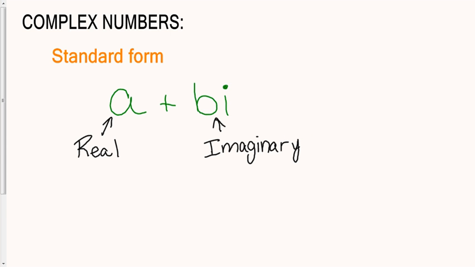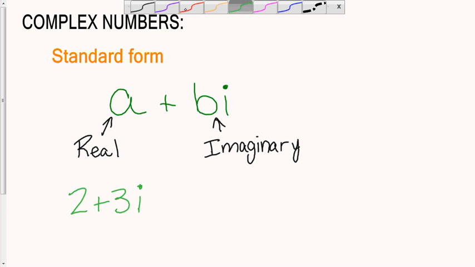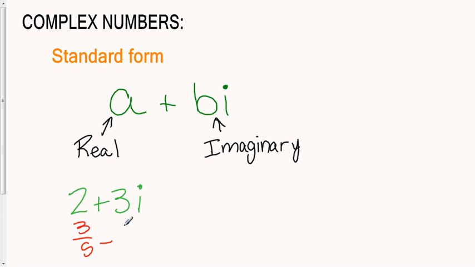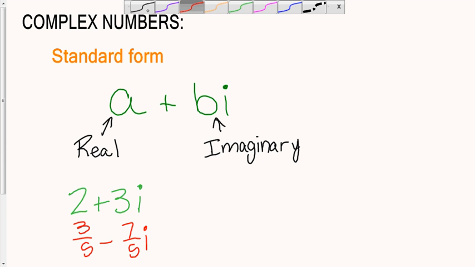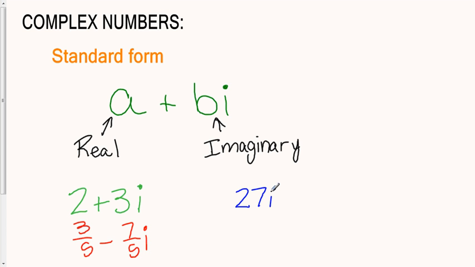Some examples of complex numbers would be things like 2 plus 3i. Or you could have 3/5 minus 7/5 i. Or something like that. Another complex number could be something like 27i, where there is no real number.